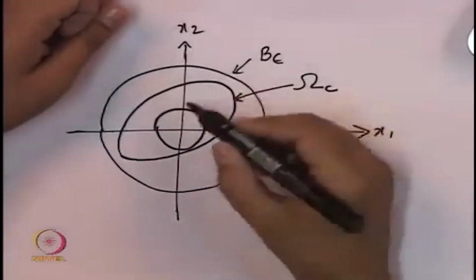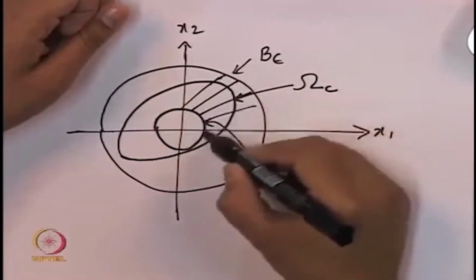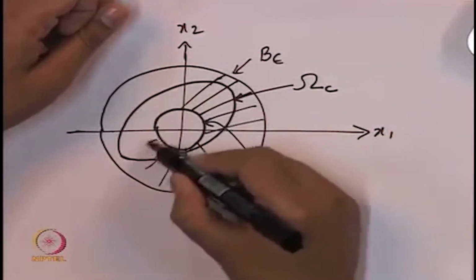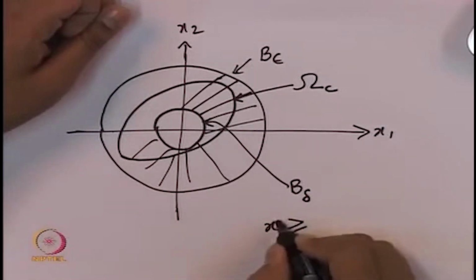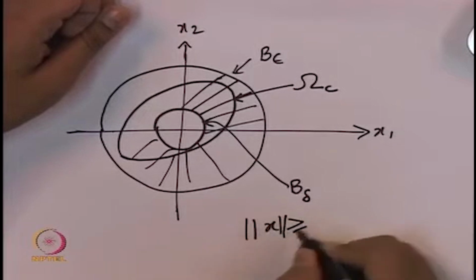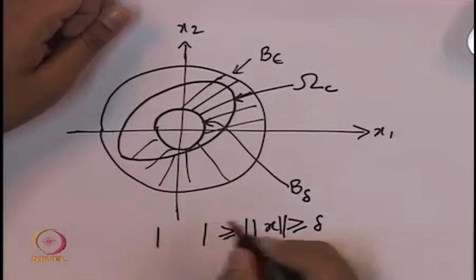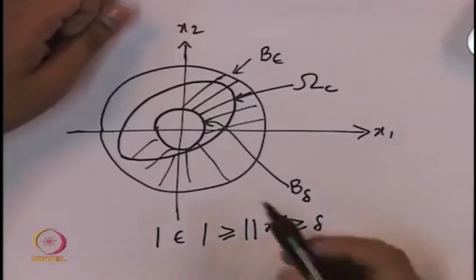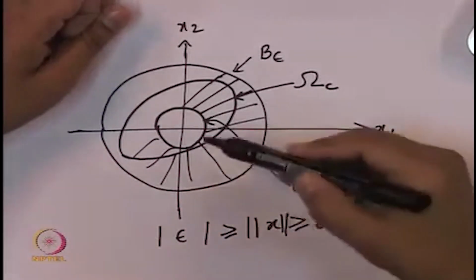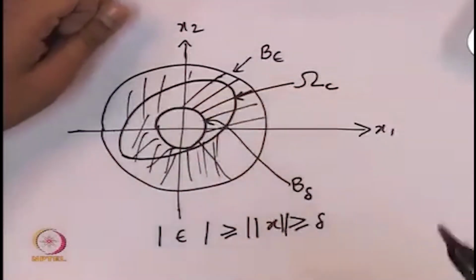Now look at this region that is outside, where the norm of x is greater than or equal to delta, but the norm of x is less than or equal to epsilon. Epsilon is positive, so the absolute value sign is not required. What does this region signify? It signifies the region outside this ball B delta, but inside this ball B epsilon.